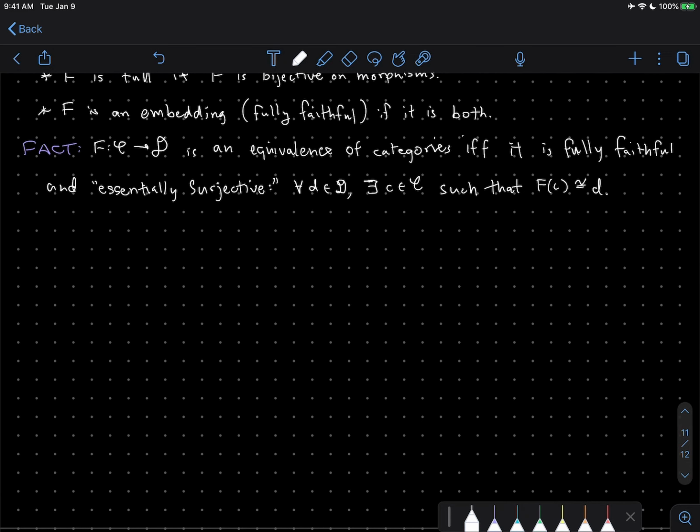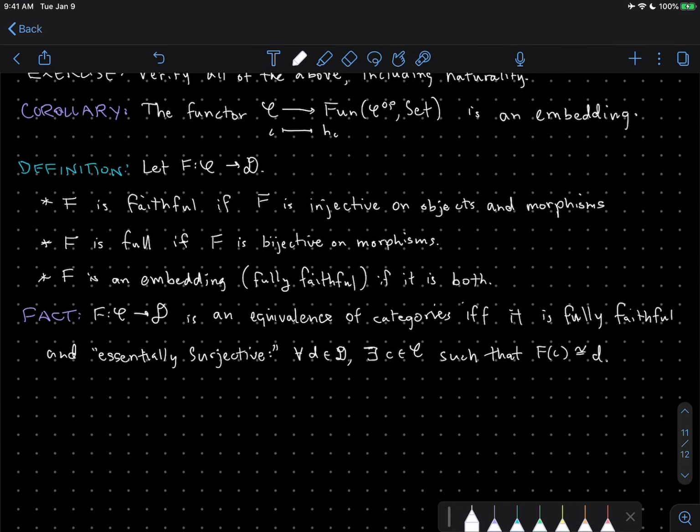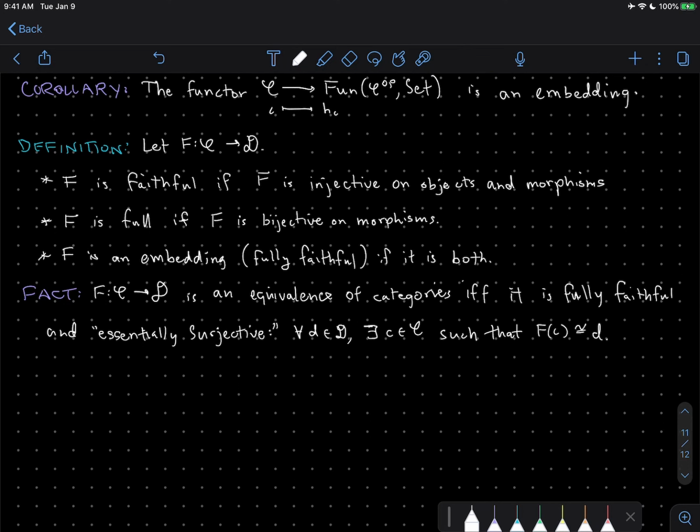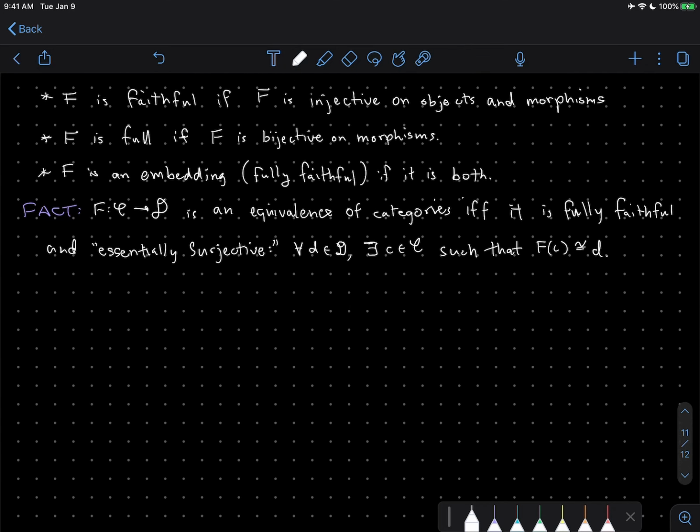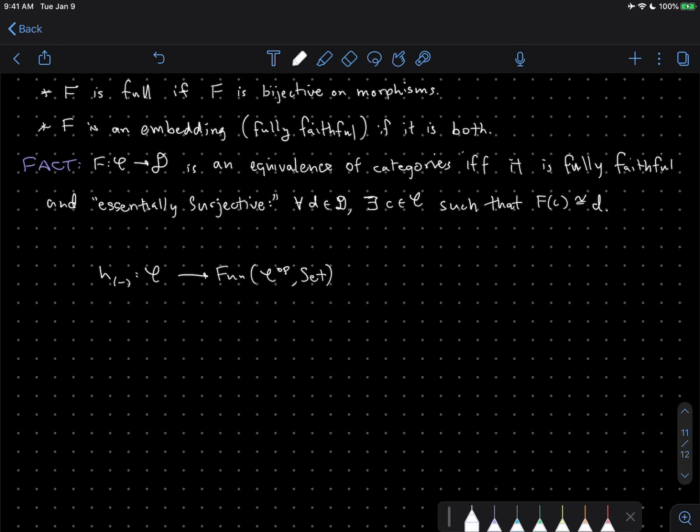Okay, great. So the Yoneda lemma amounts to saying that the functor H sub blank, the functor from C to presheaves on C, is an embedding, is fully faithful, and we'll decorate it with a tail there to say that it's injective in the best way for categories.